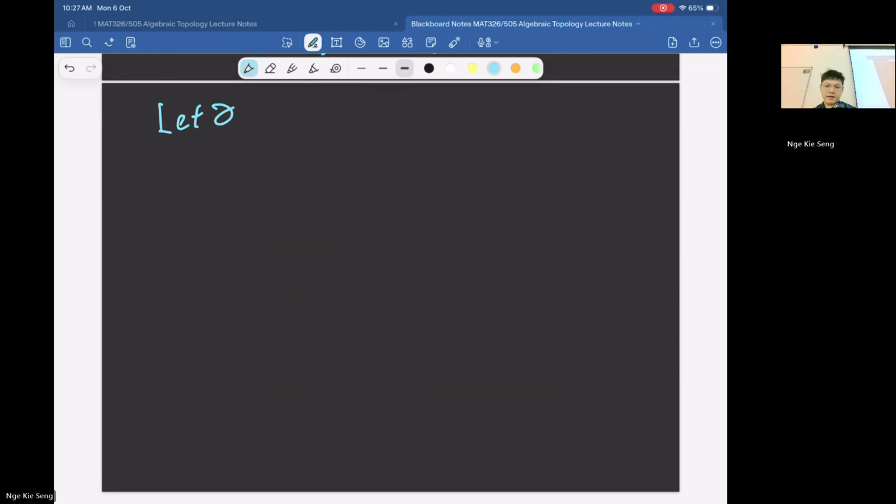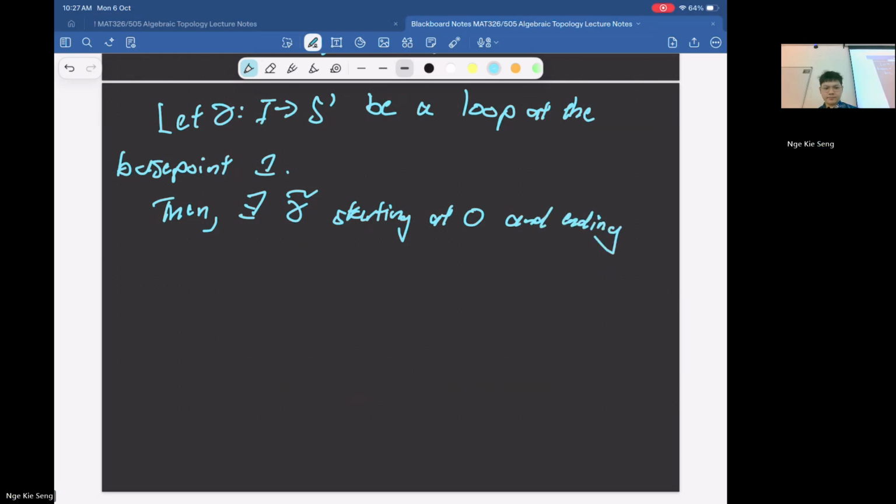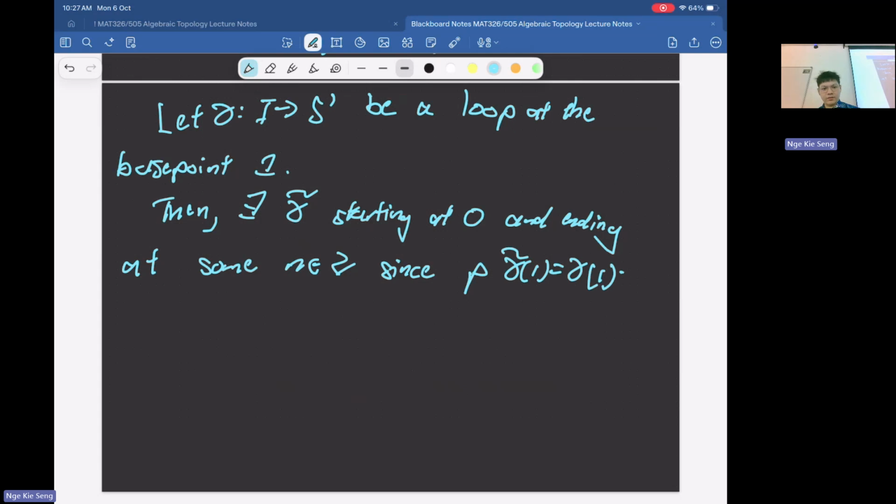So let gamma from I to X1 be a loop at the base point 1. You run from base point 1 and then run back. Then there will exist a lift gamma tilde starting at 0 and ending at some n in Z, since p of gamma tilde 1 is gamma 1, which is 1.